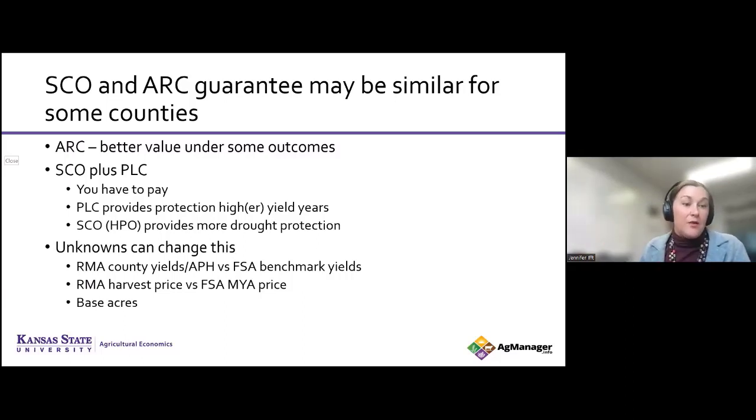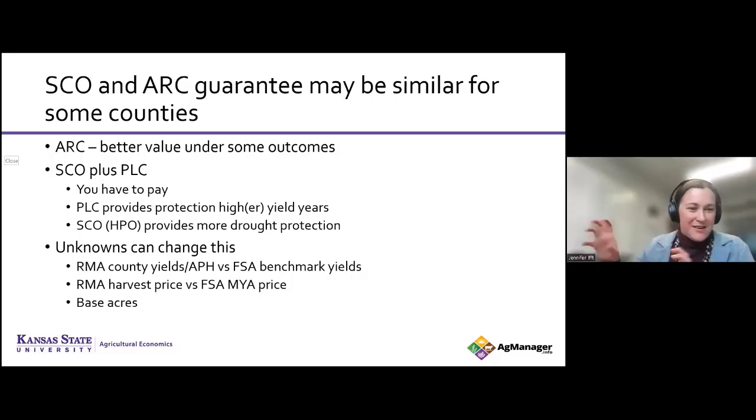Also with SCO, especially with the harvest price option, you get more drought protection, because in the case of a drought, yields go down, you have high prices, and that guarantee is going to reset at those higher prices. Now there are some unknowns. The RMA yields relative to the FSA benchmark are probably going to vary county by county. RMA uses the harvest price. For ARC, it's the marketing year average.